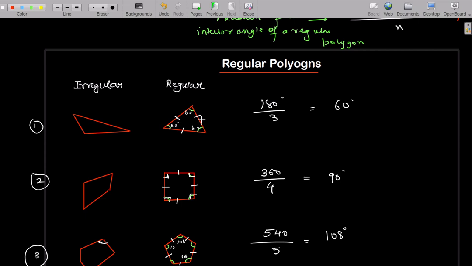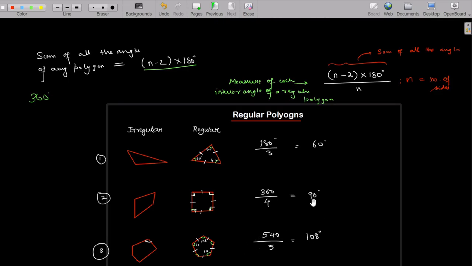Okay, Tanvir, are we good with regular polygons? I just want you to remember this formula. This is really important from the SAT's point of view. One of my students got a question based on this concept, and she mistakenly remembered the formula n minus 1 times 180 over n, and she solved the question using it and got the wrong answer.